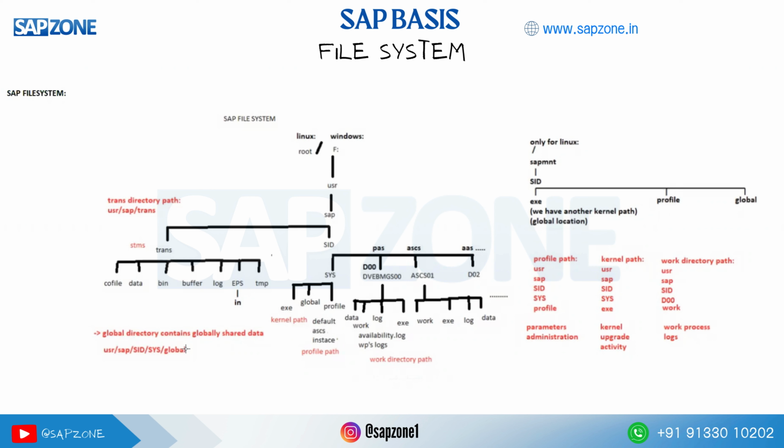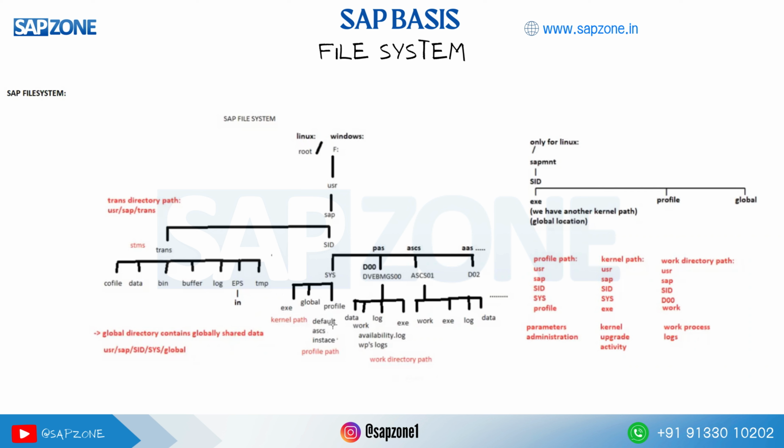You have them at the OS level also. At the OS level, the path is USR, SAP, SID, under SYS, the profile. In this profile directory, you have a default profile and 3 profiles. You know the instances, right? PAS profile, ASCS profile, and the common profile called default.